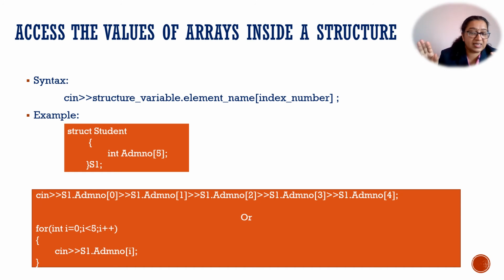This is the easiest way of inputting the values in arrays inside a structure. Structure variable is one here. It's not an array, but the element is an array. So we use the structure variable dot the element name, then the square bracket index number. Clear?